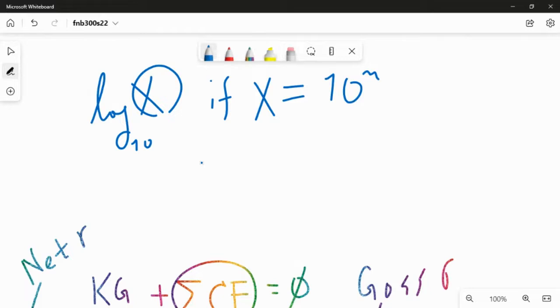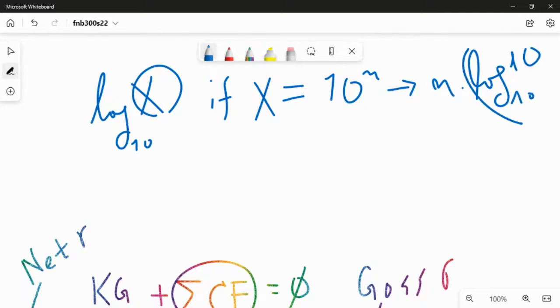Again, the point is, if we use common log, with base 10, and if x is some power of 10, this can be nicely rewritten as n times log of 10 to base 10. And since this is 1, it just reduces nicely to n, right?